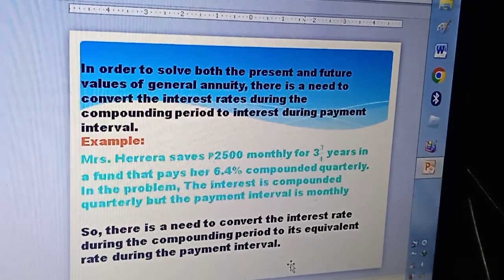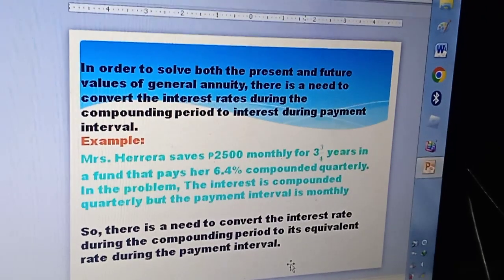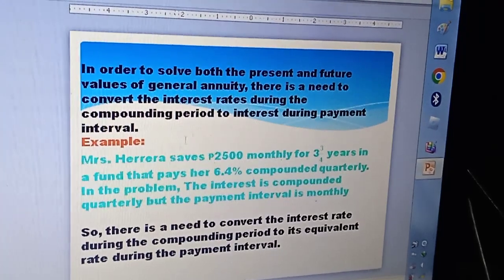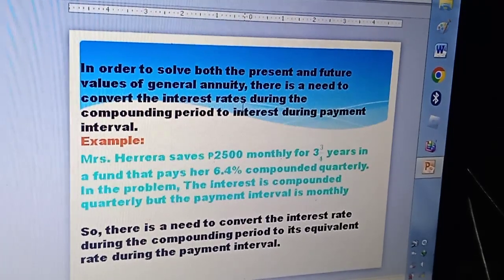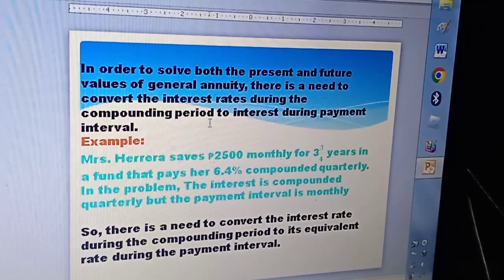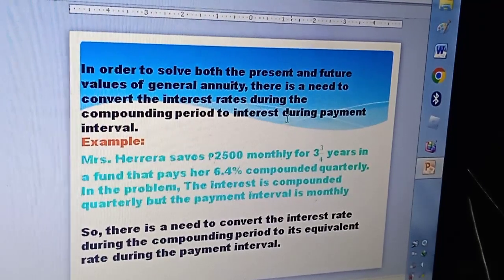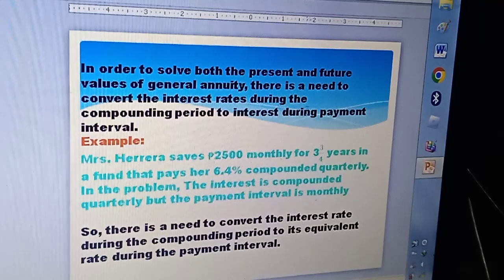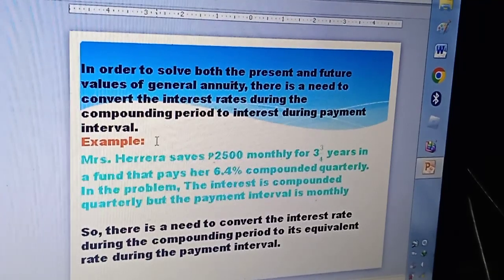In order to solve both the present and future values of the general annuity, there is a need to convert the interest rates during the compounding period to the interest during the payment interval.